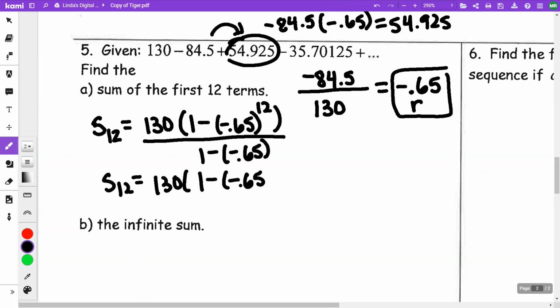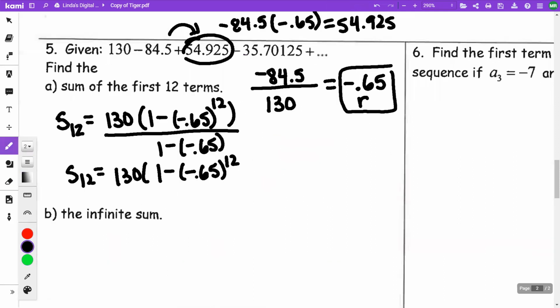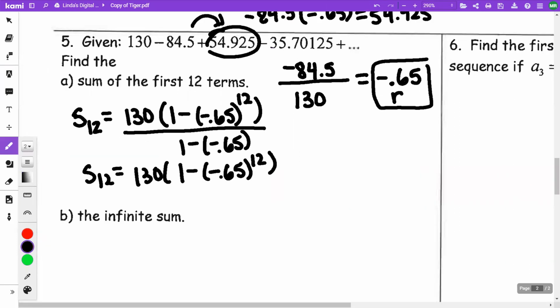I'm going to put it in my calculator, but do not think a negative times a negative is a positive, because it is a negative to the 12th power, which actually is going to be even. So I'm going to leave that as is. And then on bottom, really, it's going to be 1 plus 0.65. But if you put all this in your calculator, even as it was on the top, you should get the right answer.